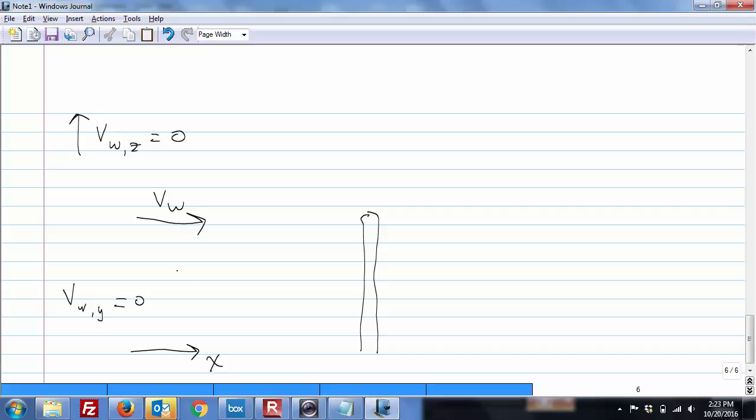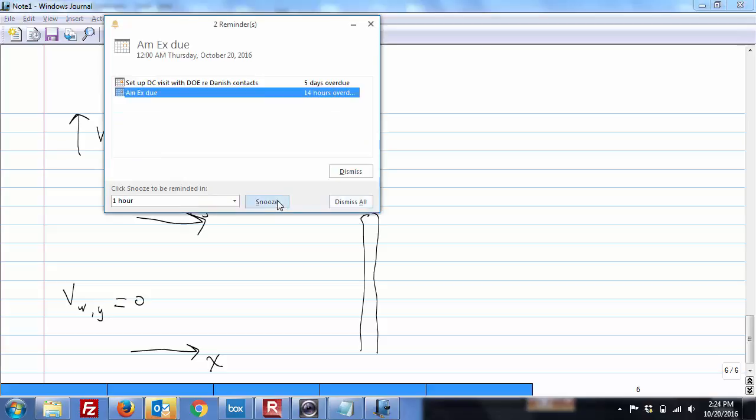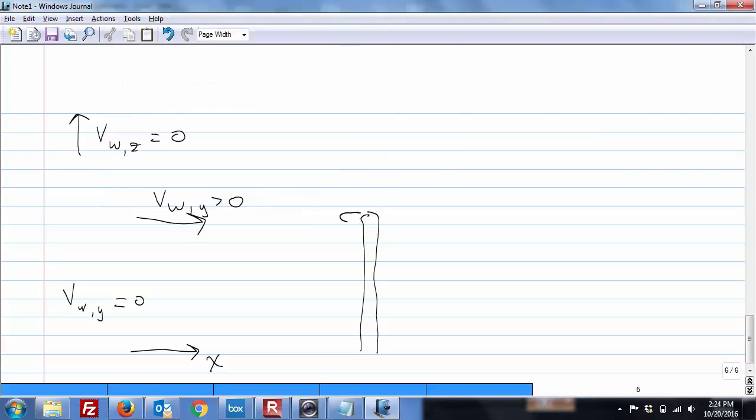It is not blowing into or out of the page. Right? So the velocity of the wind in the x direction is greater than 0. It's blowing at the wind turbine. So here's the nacelle. Here's the blade. Here's the other blade.